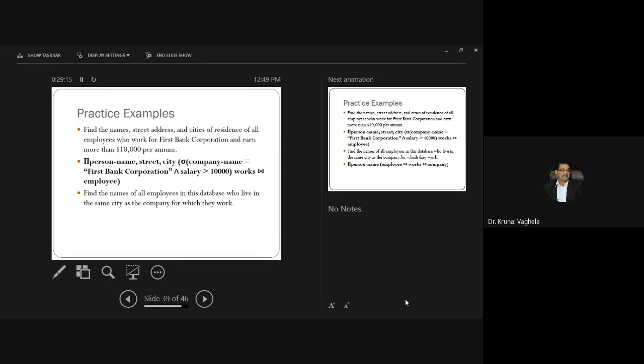So no need for second select here. It is just an AND operation. Separate. Yes.